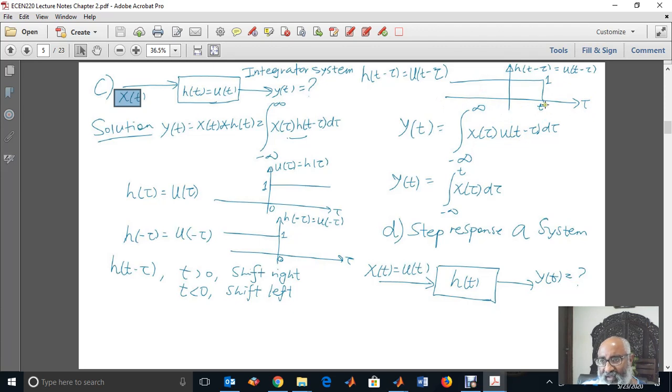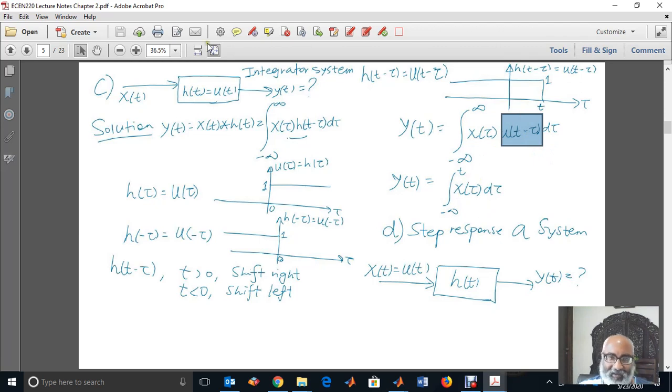Because for tau greater than t it is 0, so 0 times x tau will be 0. So basically, the integration will change to the integral from minus infinity to t of x tau d tau. This thing, u of t minus tau, we can remove it, because its function is only to set the interval of integration. Otherwise, its amplitude is 1, so 1 times x tau is x tau. So it will be the integral from minus infinity to t of x tau d tau.